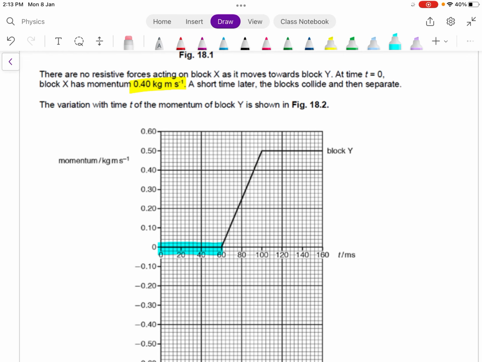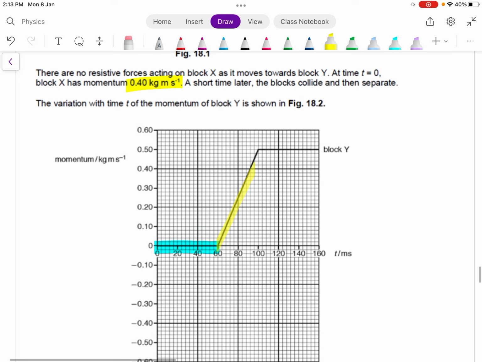Then from 60 to 100, block Y collides with block X, because you can see that suddenly there's an increase in momentum. So block X actually hit block Y. After 100 seconds to 160 seconds, block Y moves towards the right hand side with a momentum of roughly 0.5.